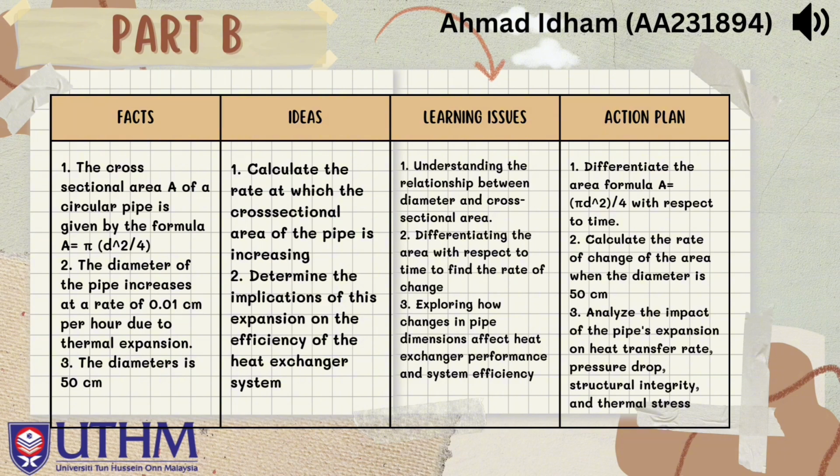Differentiate the area formula A equals pi d squared over 4 with respect to time. Number 2. Calculate the rate of change of the area when the diameter is 50 centimeters. Number 3. Analyze the impact of the pipe's expansion on heat transfer rate, pressure drop, structural integrity, and thermal stress.